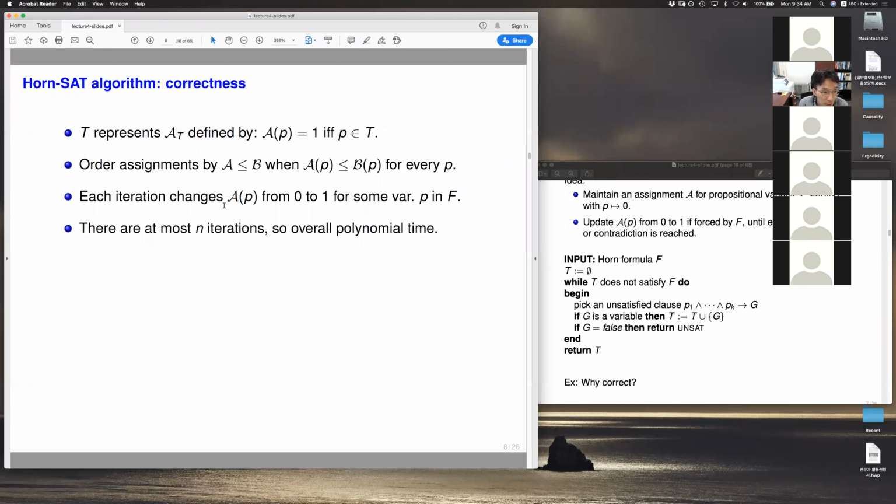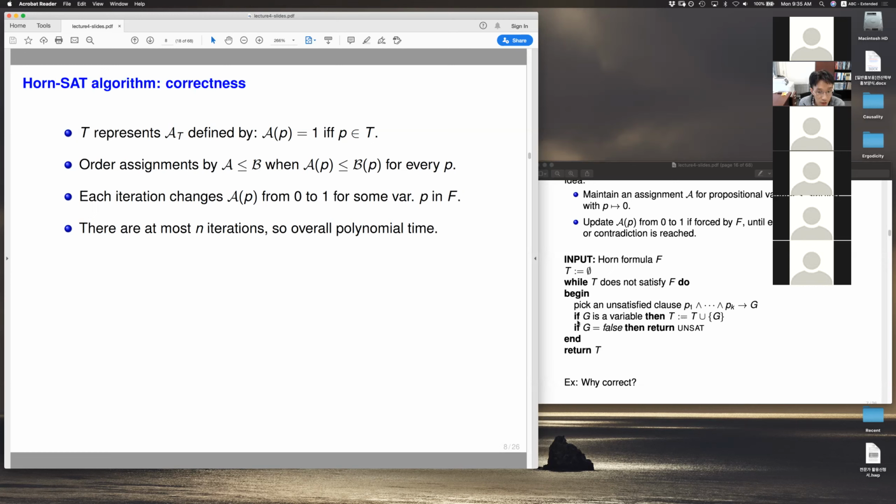So why does this algorithm terminate in polynomial time? It's an iterative algorithm, so it will go through the loop. To show this algorithm terminates in polynomial time, we have to just show that the loop doesn't really happen many times.